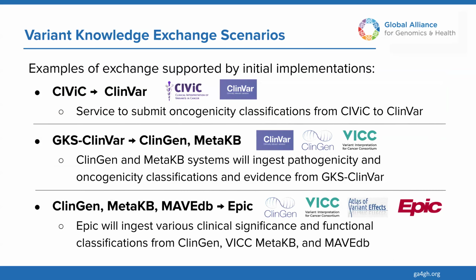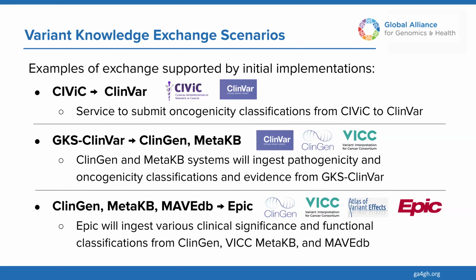These are just a few examples of variant knowledge exchange scenarios that are being implemented by these projects. The first is a service that we'll hear more about later today for submitting oncogenicity classifications from CIVIC to ClinVar. The second scenario describes a pipeline where ClinGen and the VICC MetaKB systems will ingest pathogenicity and oncogenicity classifications and evidence from the GKS ClinVar implementation.